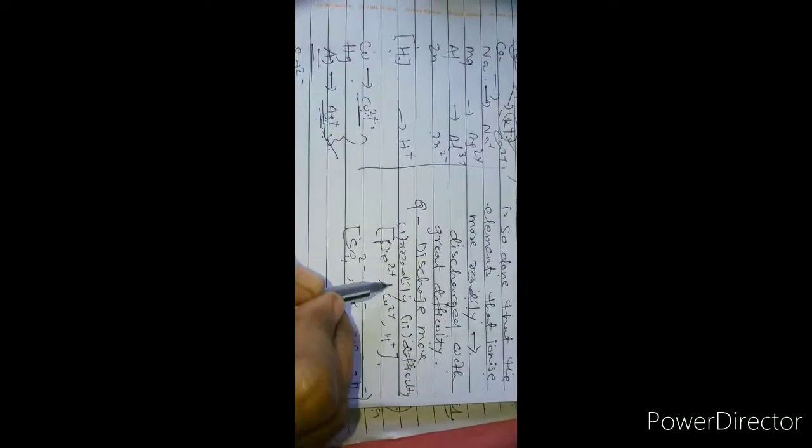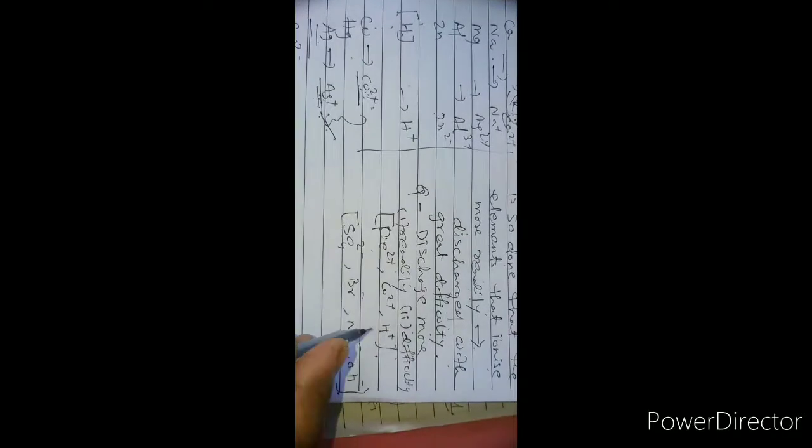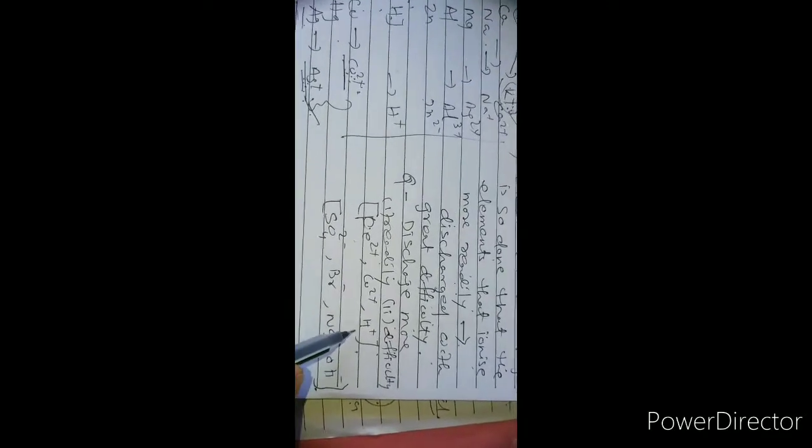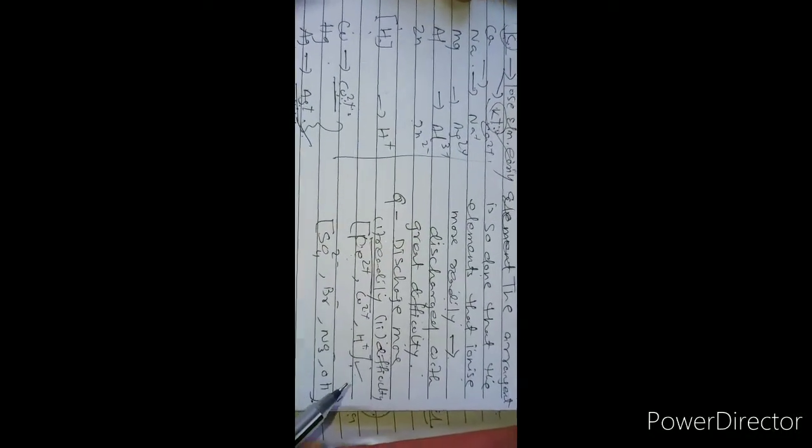Usually we get board questions on discharge more readily and more difficulty. Options will be given to arrange in increasing or decreasing order, or it can be a multiple choice question. For example, Fe2 plus, copper 2 plus, H plus are given and it is asked which can be discharged more readily.